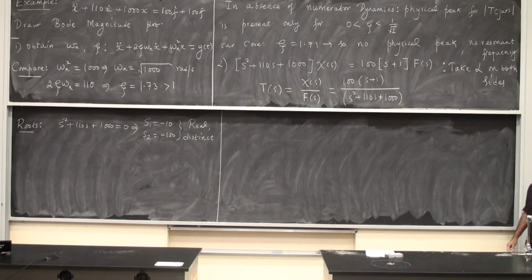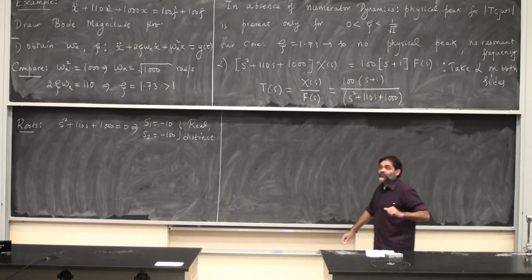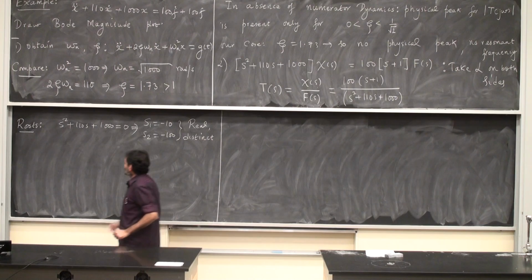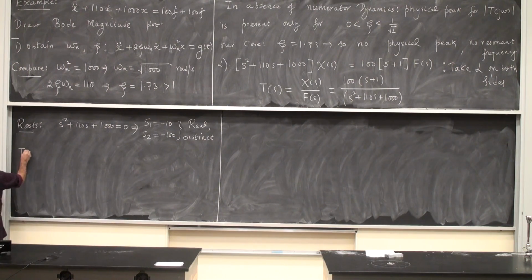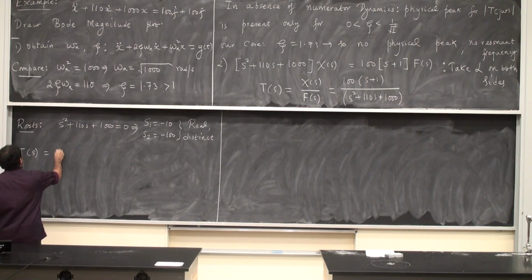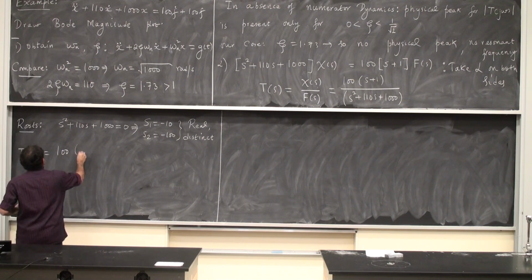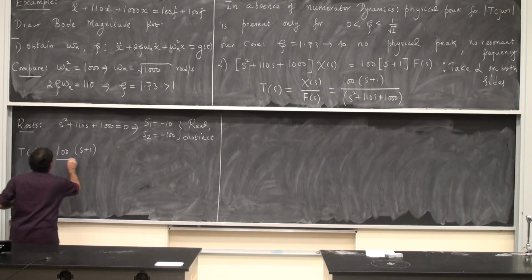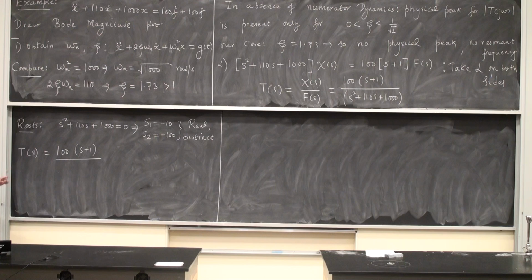Alright, so once you have figured out the roots, go back to the transfer function and rewrite it in the following form. So T of S is 100 times (S plus 1) over (S plus 1)(S plus 10).